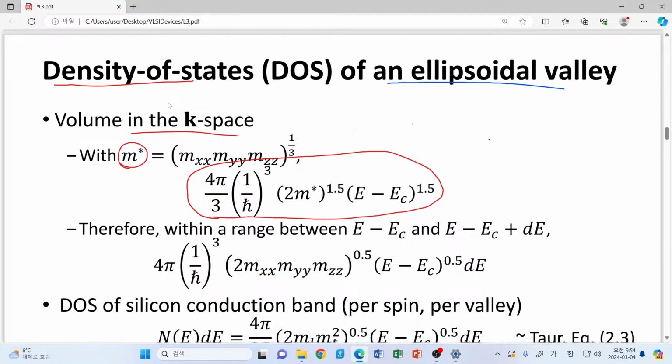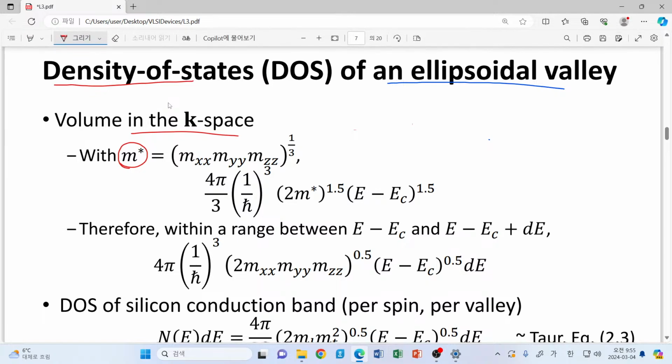But now instead of explaining everything, let's say that we are now just considering one single valley, not ellipsoidal but just a spherical valley. Let's say that there is a spherical valley whose effective mass is simply given by m star.